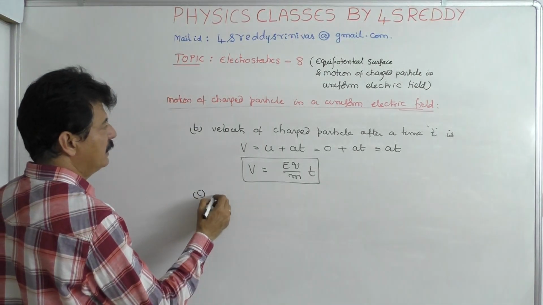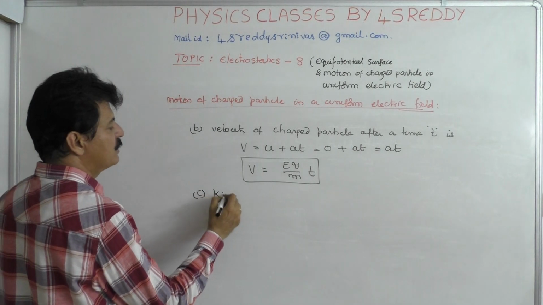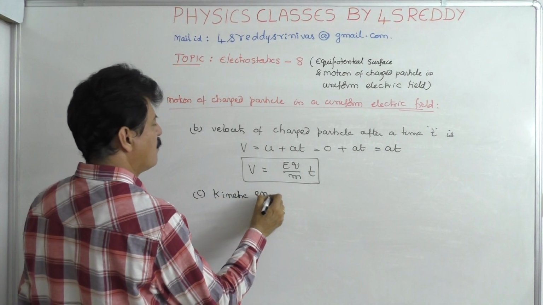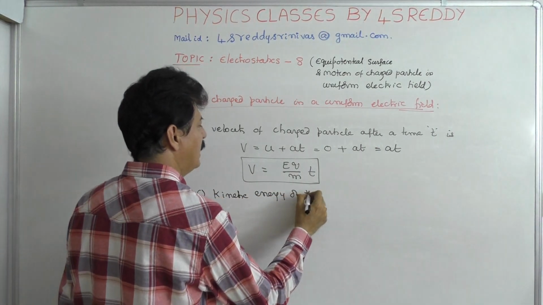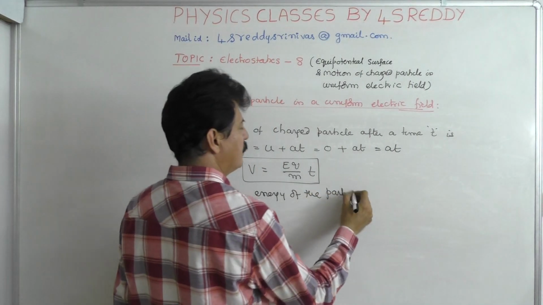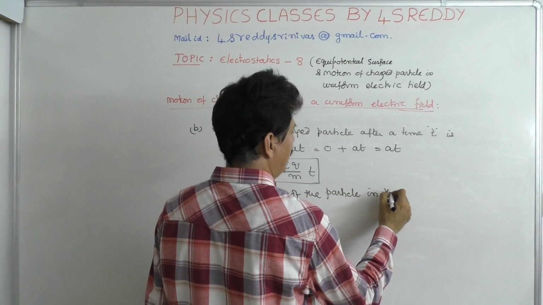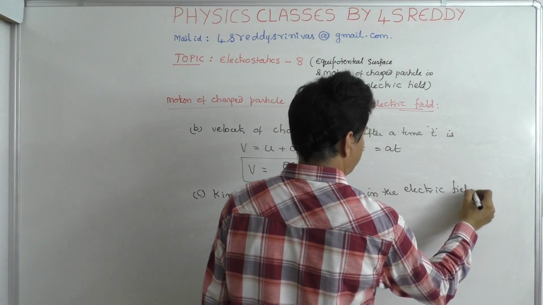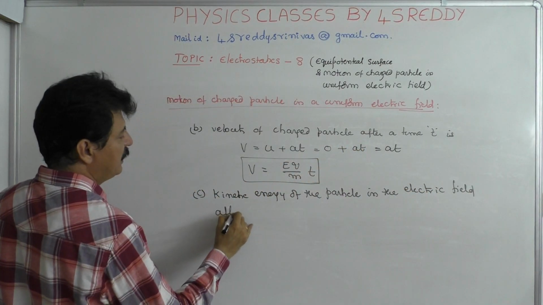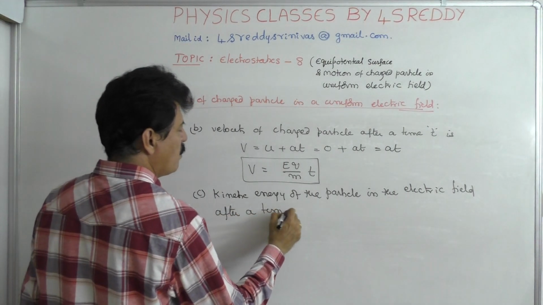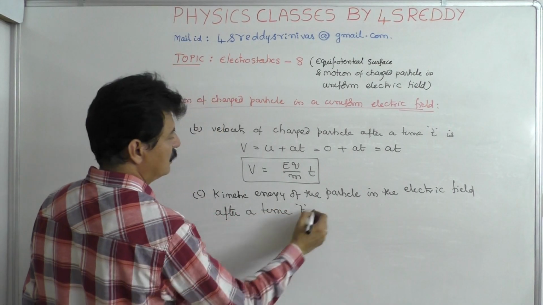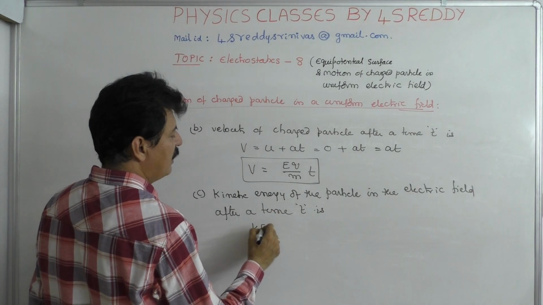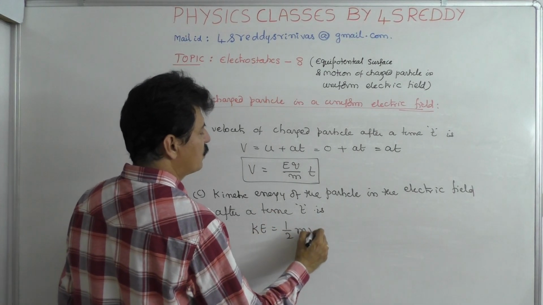And the third one is kinetic energy of the particle in the electric field after a time t. Kinetic energy is given by half mv square.